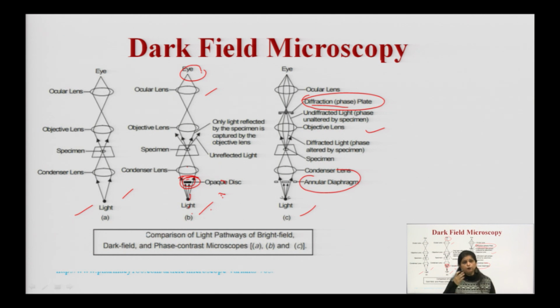In dark field, only one extra addition was done, whereas in phase contrast there were two. The annular diaphragm was placed between the light source and the condenser, and the diffraction plate was added above the objective lens and before the ocular lens.